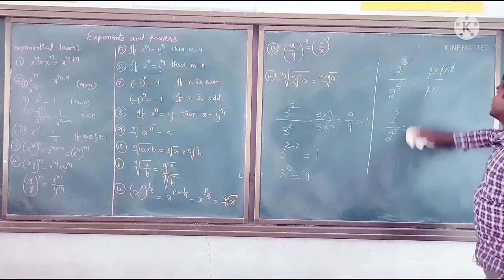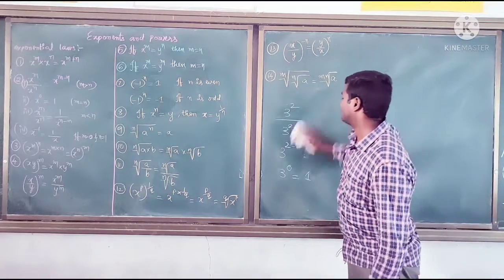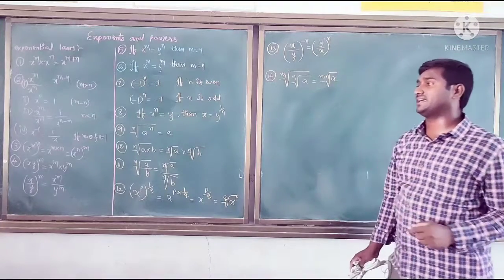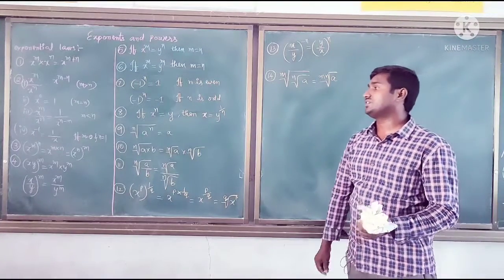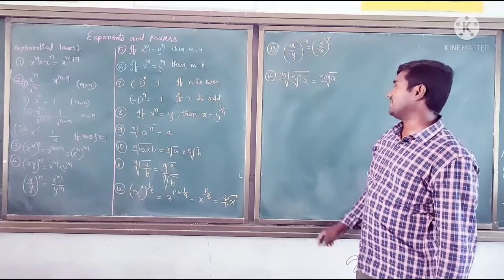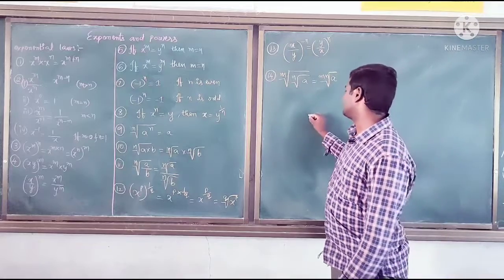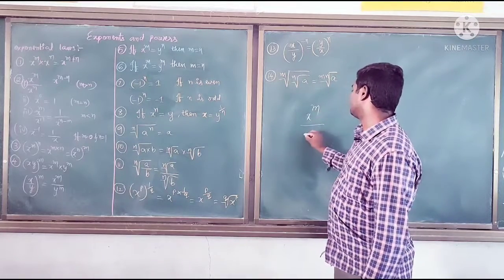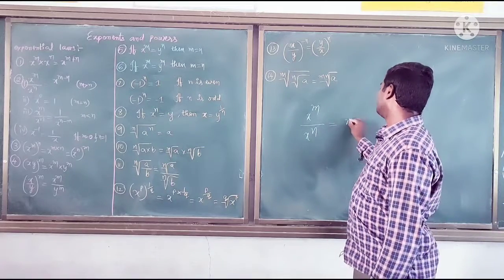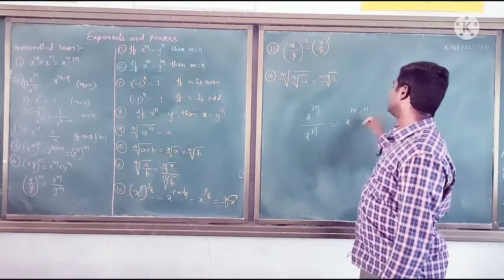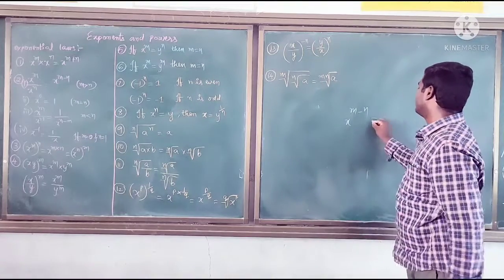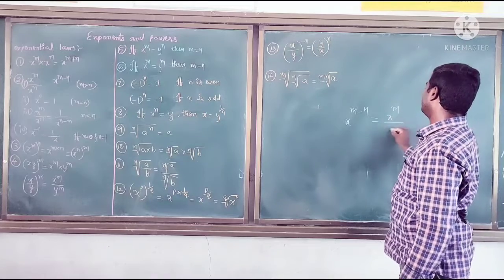Okay. Next, the fourth case: x power minus 1 equals 1 by x. Take m equal to 0 and n equal to 1 in x power minus 1. We can prove this by using the first case. x power m by x power n is equal to x power m minus n.